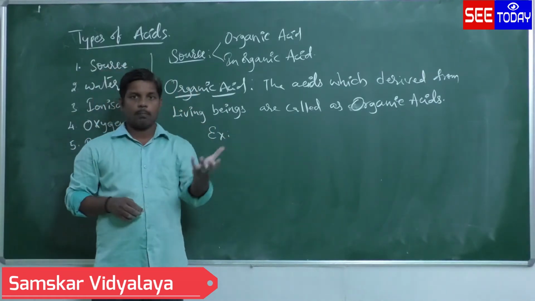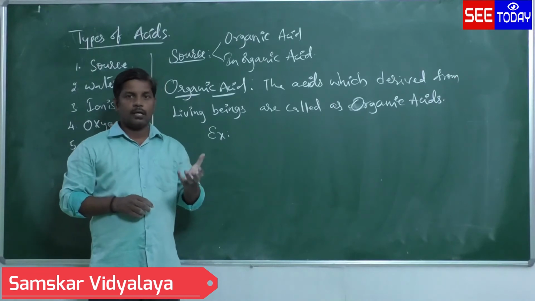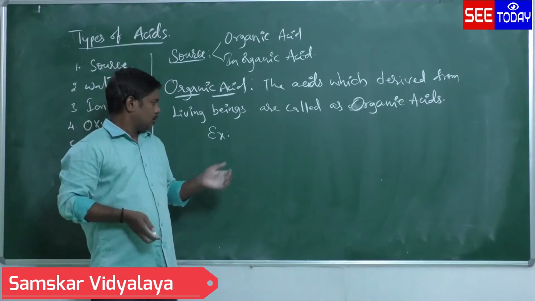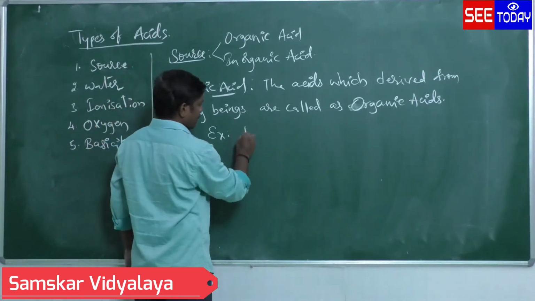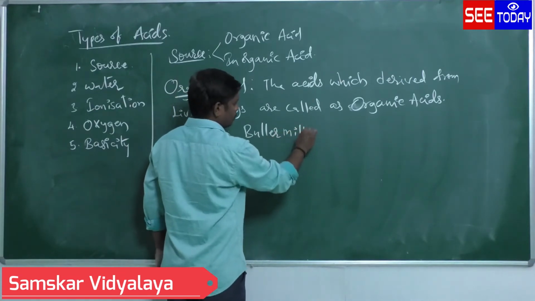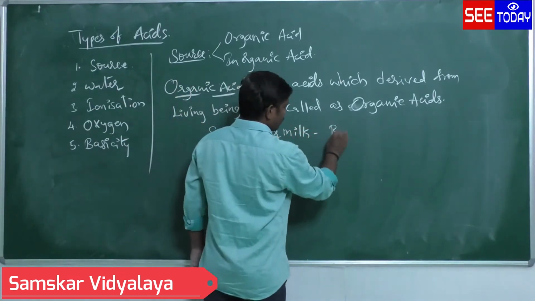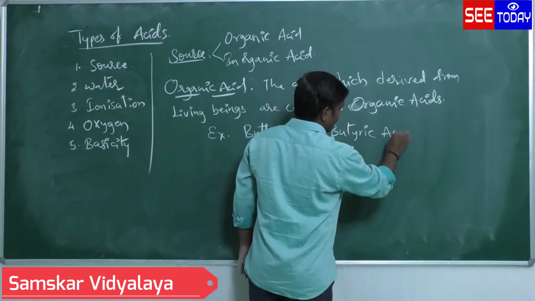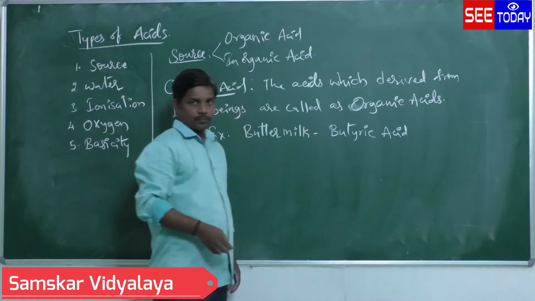So the best examples, you know butter or curd. When you make curd, from curd we can get buttermilk. In the buttermilk it will have butyric acid, right?